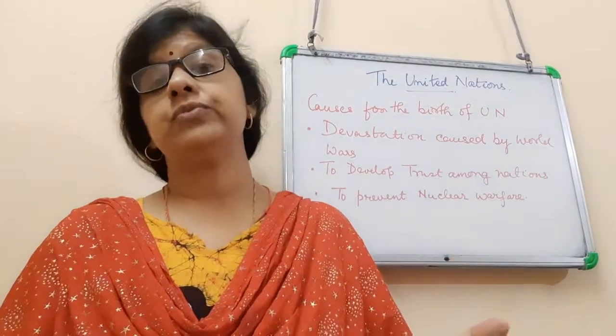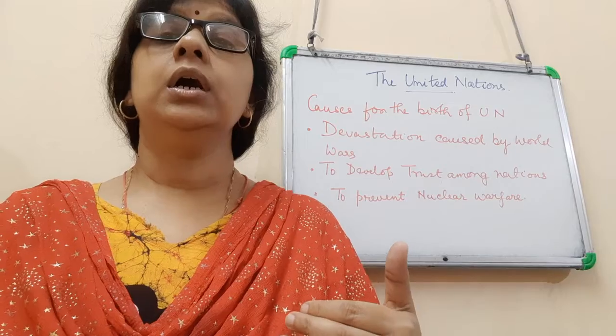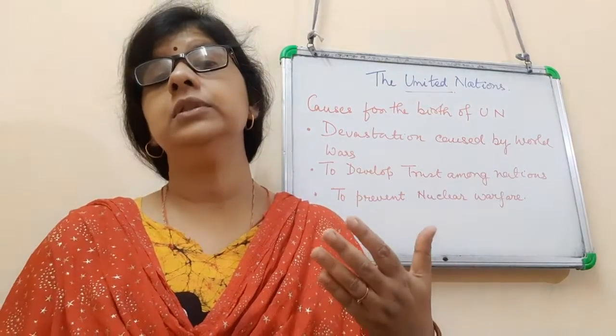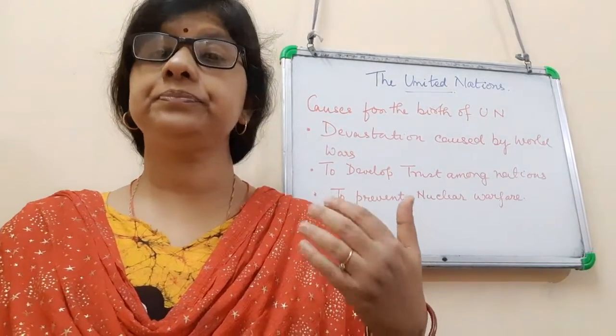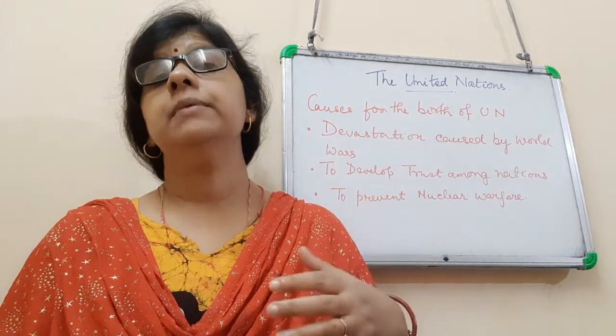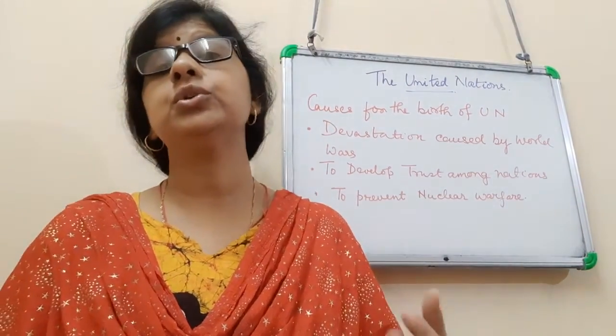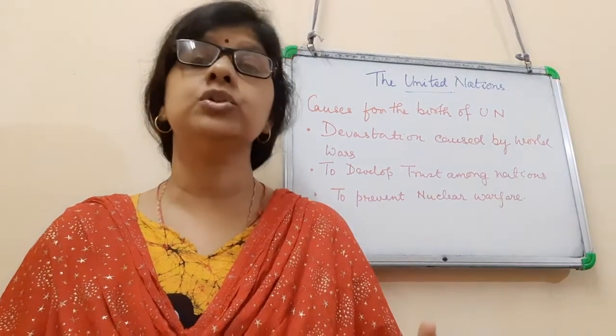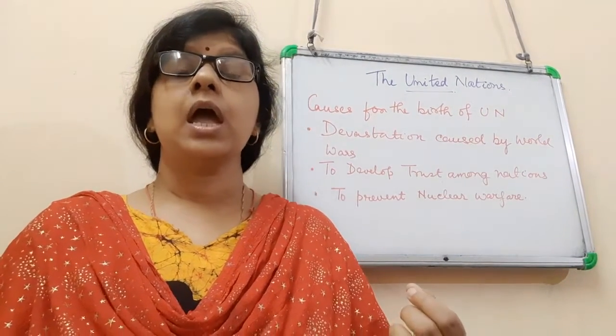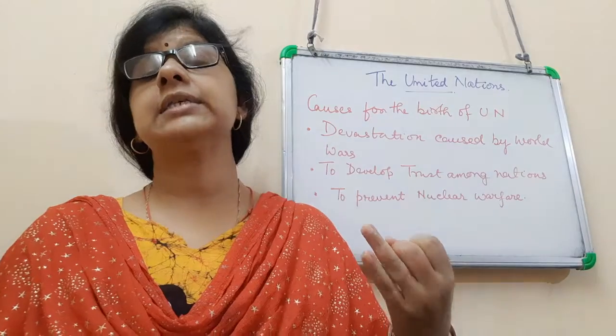So, first reason for the birth of the UN was the massive devastation that took place during the 2 world wars. Now, the First World War and the Second World War.